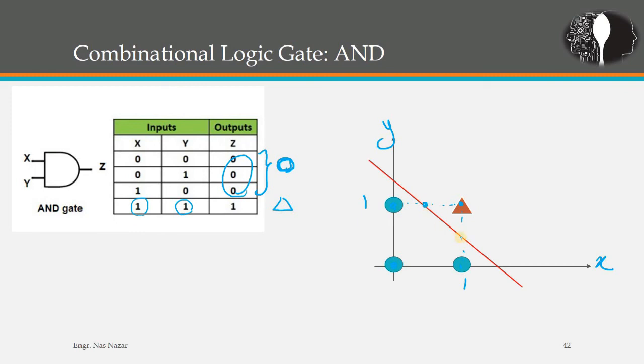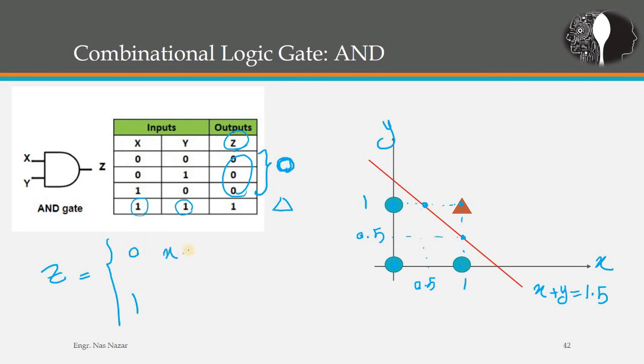I'm going to choose two points here. Let's say this is 0.5, and this one is also 0.5. So we can write a function for this line: x plus y is equal to 1.5. The output, which is z, we can already have a function for. z can get two values. It can be 0 or it can be 1.